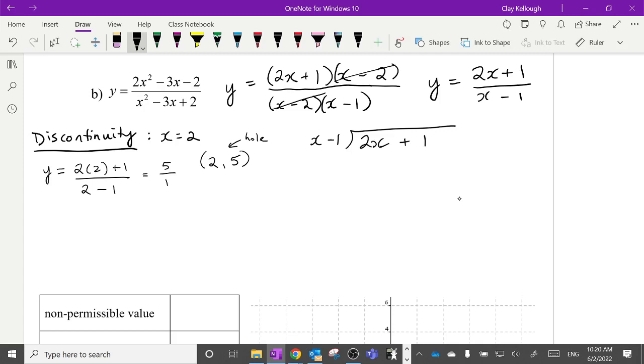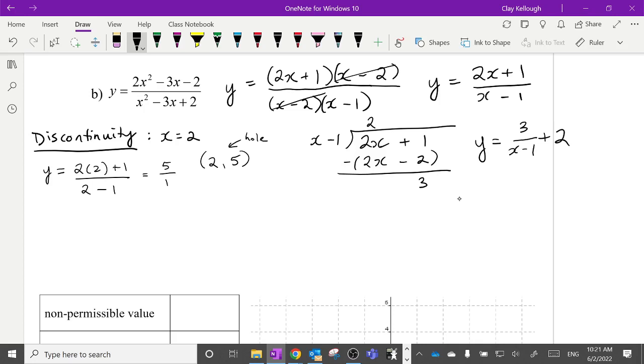So x plus negative 1 goes into here, so x goes into 2x twice. 1 minus negative 2, that's 3. So that means that the actual graph, instead of this equation, I can write this equation. It's plus 2, and the 3 is the remainder.